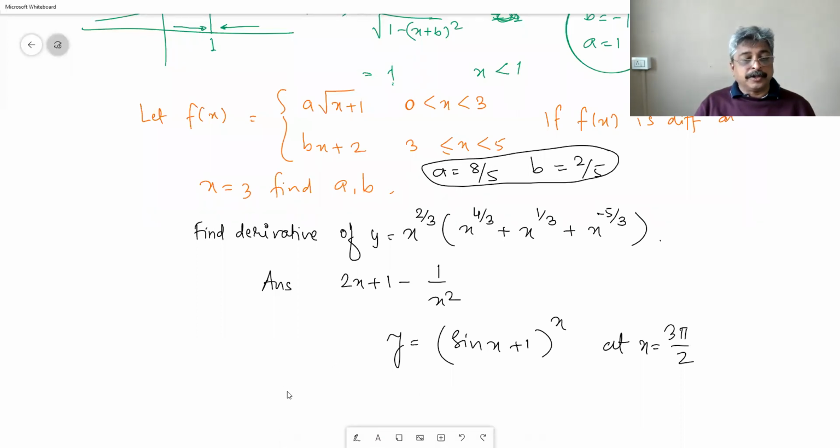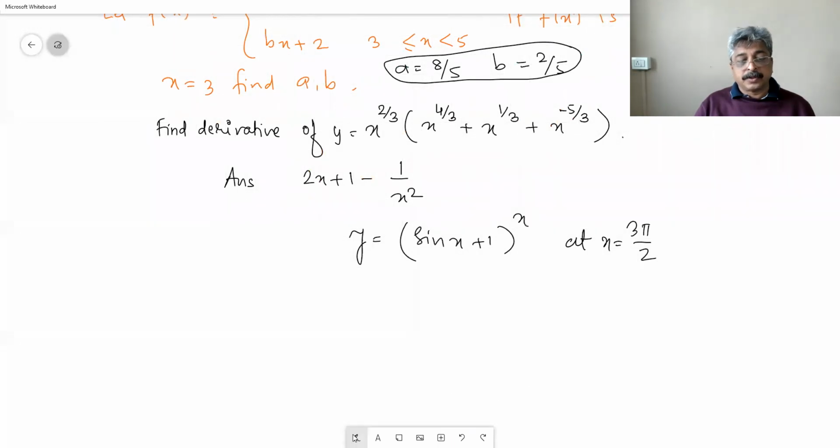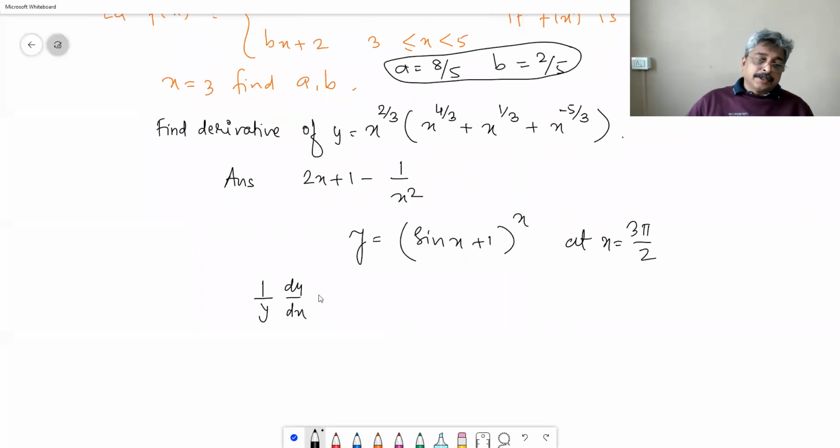Is it easy or difficult? Okay, so maybe take log y. 1 upon y dy by dx is equal to x into derivative of this.